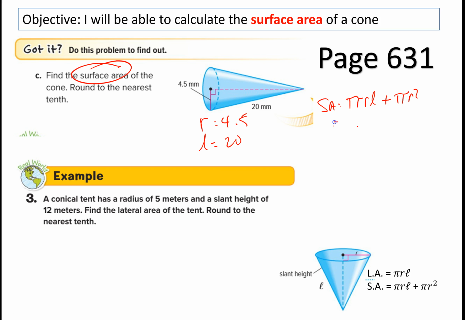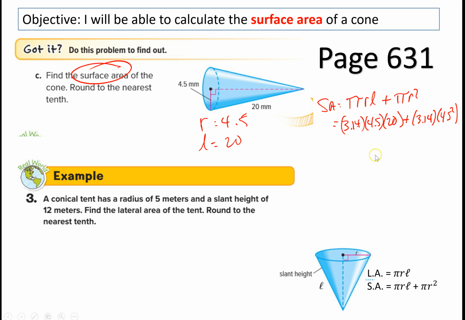Pi times radius times slant height plus pi times my radius squared.